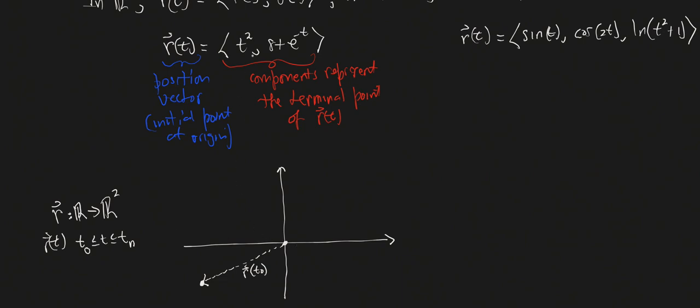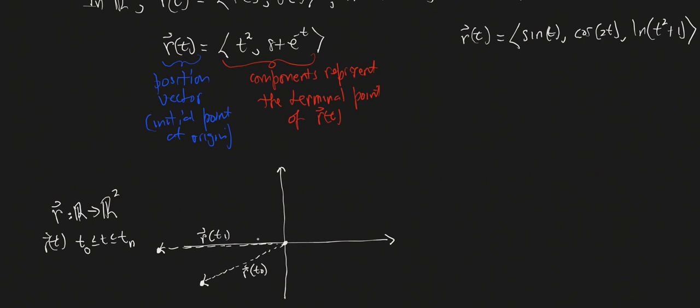Again, I would evaluate all the components of my vector as long as the value of t that I am plugging in is in the domain of each of these. So each of the components would have to be well defined. And then I would get another vector. So let's say I get this vector with that terminal point, and this is r of t1.